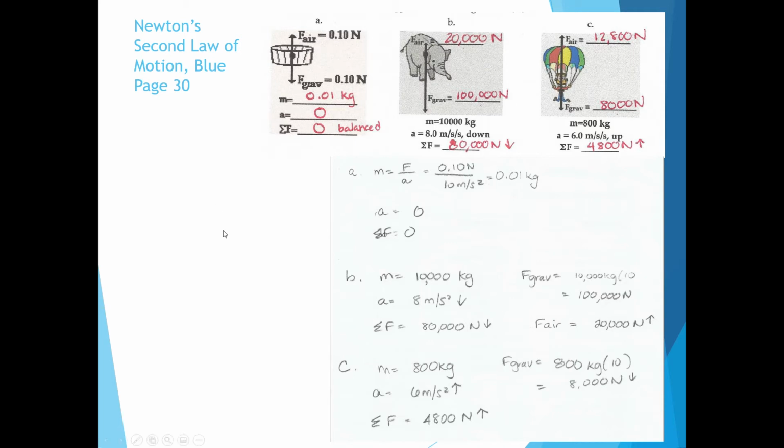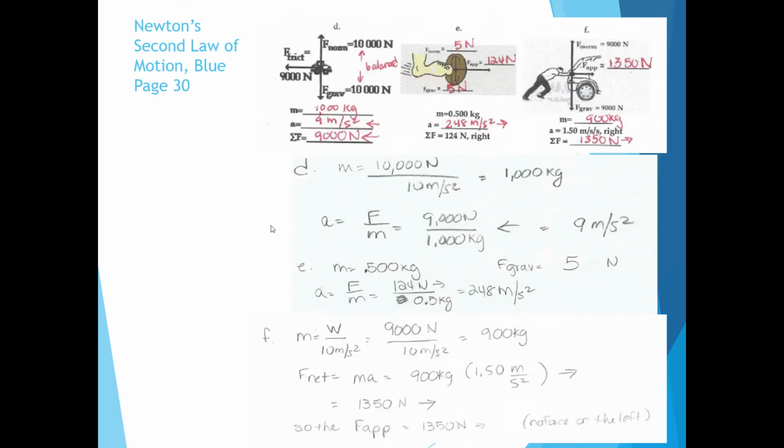Then letter D. This one, looking at the normal force and the gravity force, it's balanced. So there's no net force in the up and down direction, but we have a leftward force with no opposing right force. So that tells us that our net force must be this 9,000 newtons going to the left. We're given the force of gravity.